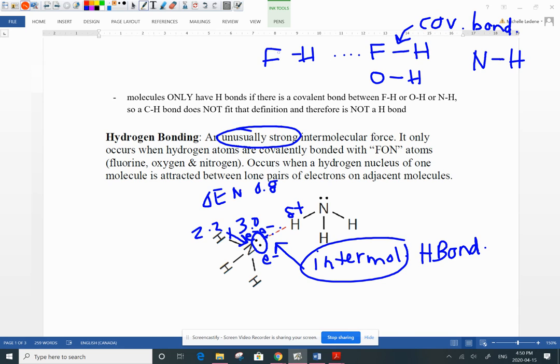So when H and F are bonded, O and H, like in water molecules, N and H, like in ammonia. You have to have a covalent bond between H and O, H and F, or H and N. C and H is not a hydrogen bond, right? It is only when it's to one of these very highly electronegative atoms, F, O, or N.